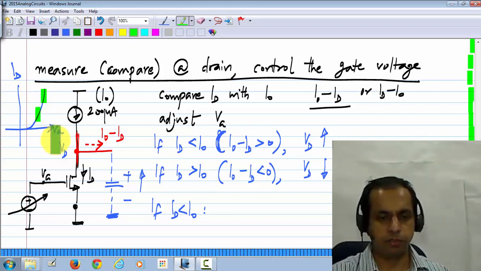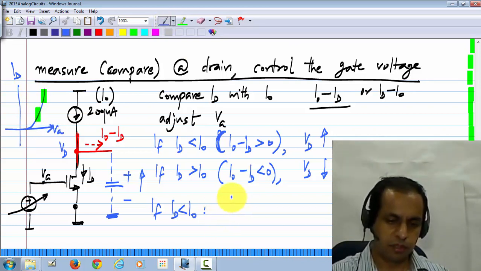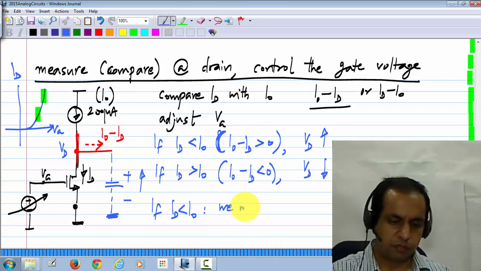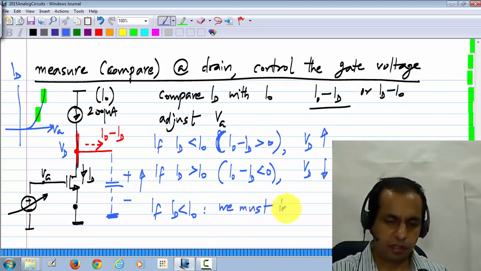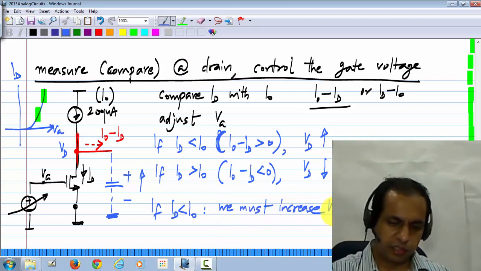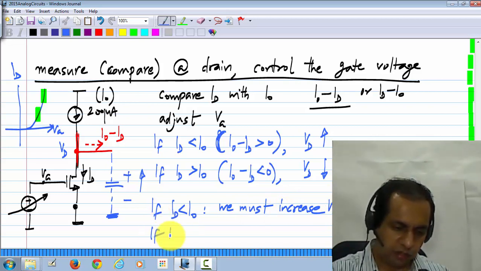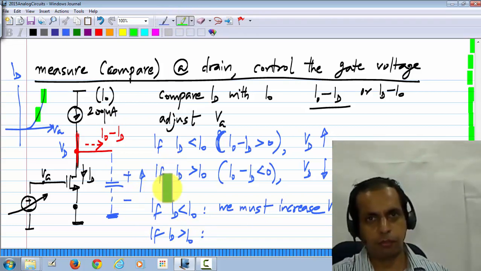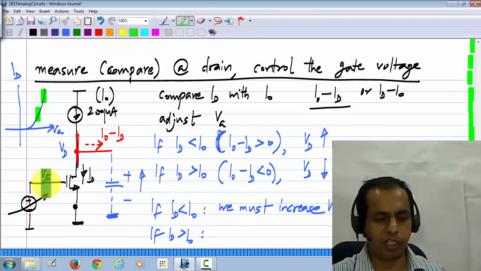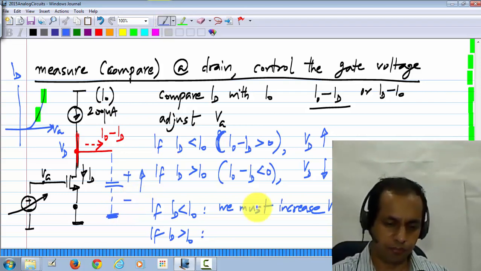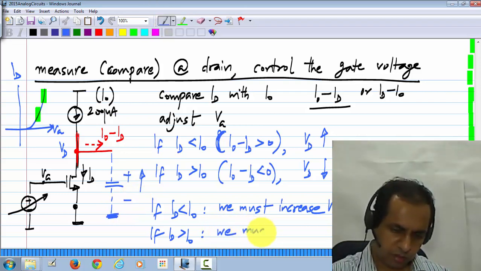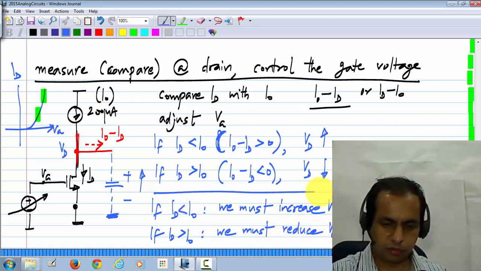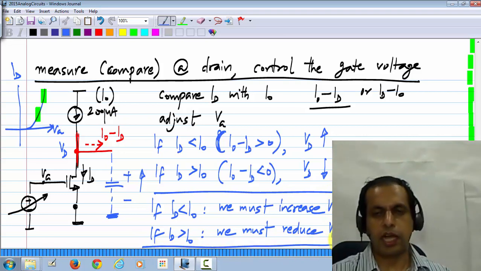I have to increase the value of VG. So if ID is smaller than I naught, we must increase VG, and if ID is greater than I naught, the opposite. That means that ID is too large, we have to make it smaller. So the way to make it smaller is by reducing the value of VG. So this is the action we need. This is the feedback action we need.